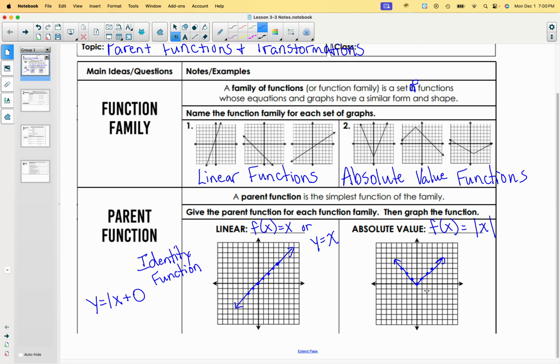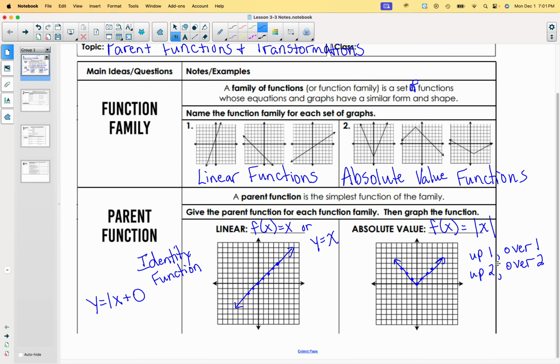This is the same way for absolute value. You're going to go up 1 over 1, up 2 over 2. So if you go up 2, you'd go over 2, or up 1 over 1. You continue to go up 1 over 1. So you can see how that graph would work, except you have to go both directions.